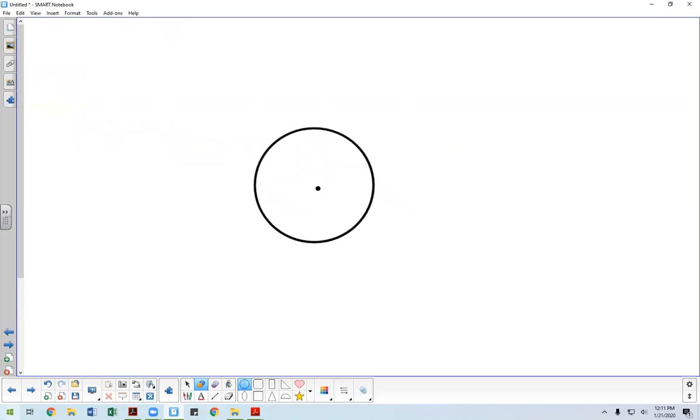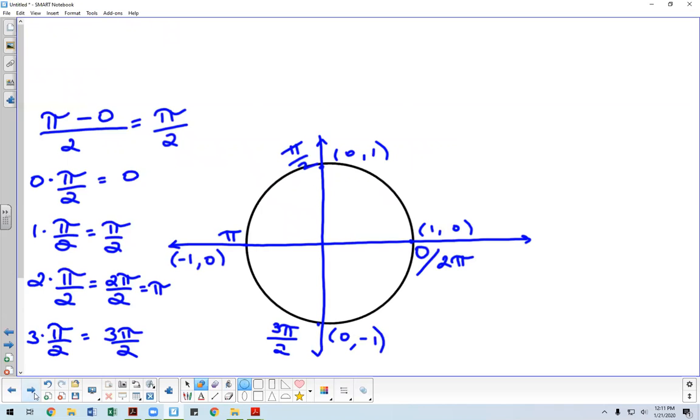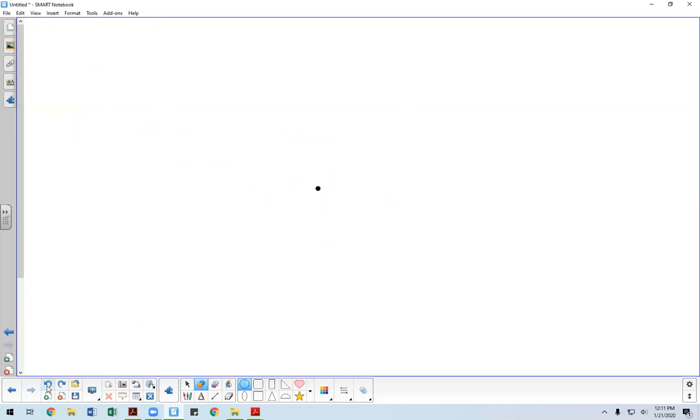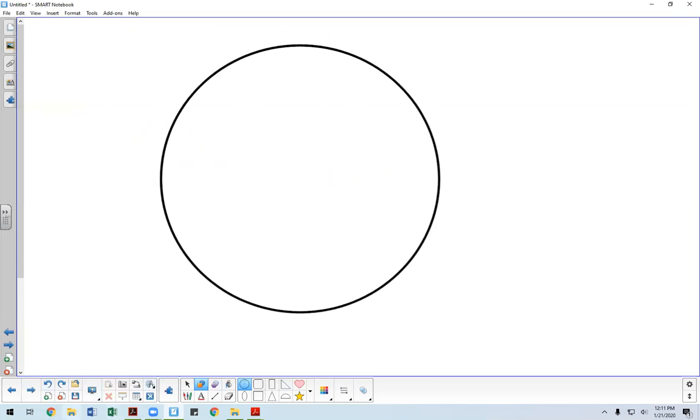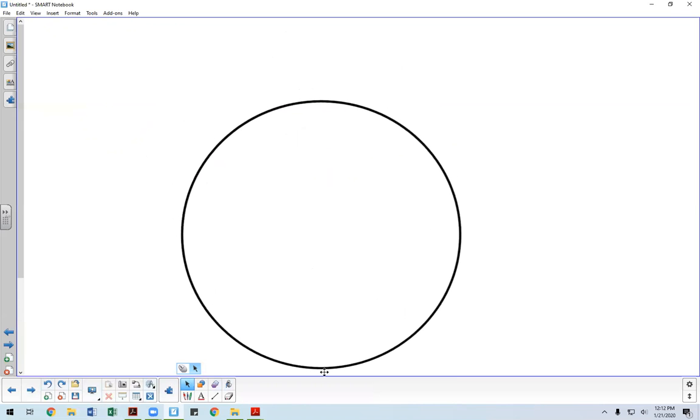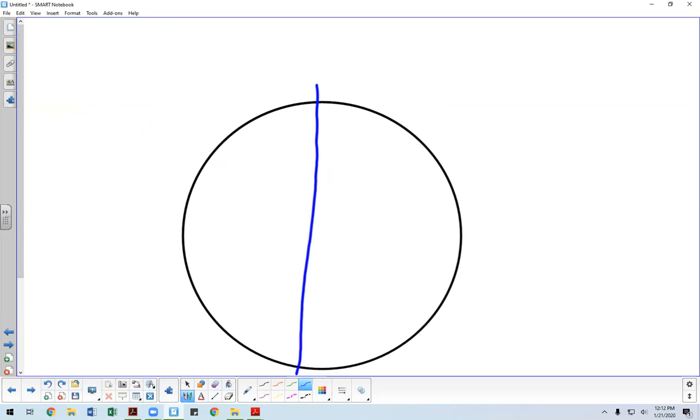So you could start out by breaking it into the 4 parts that you did before, and then halving those. That would be pi over 4, and then pi over 2, and then 3 pi over 4, and then pi, and then you just keep adding pi over 4 to each. Not very straight, but it's okay.